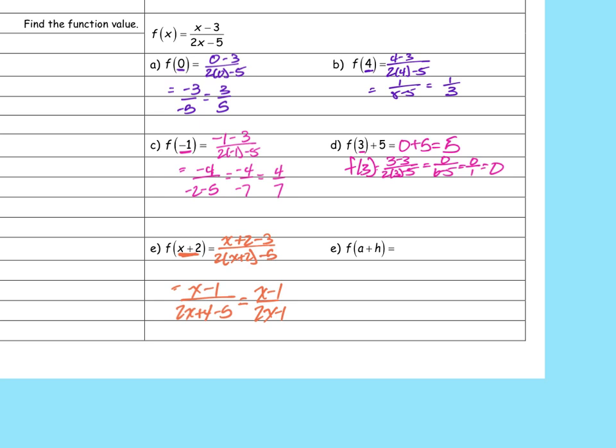Okay, same thing with the a and the h. Wherever there's an x, I'm going to put a plus h. So I've got a plus h minus 3 all over 2 times a plus h minus 5, which gives me a plus h minus 3 all over 2a plus 2h minus 5.